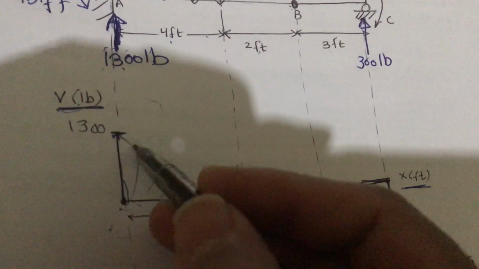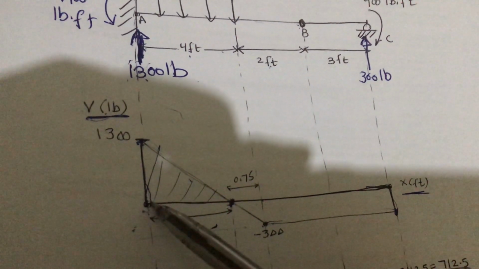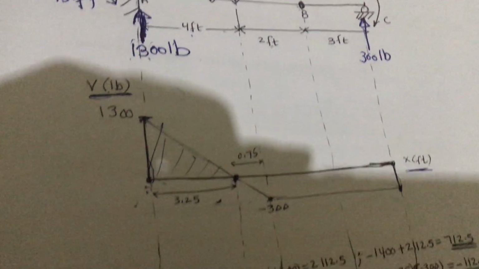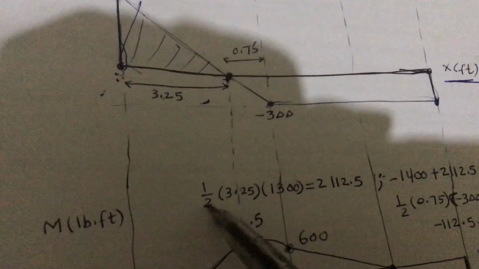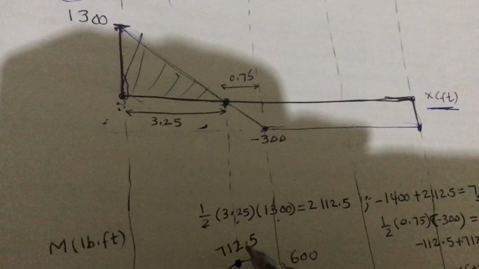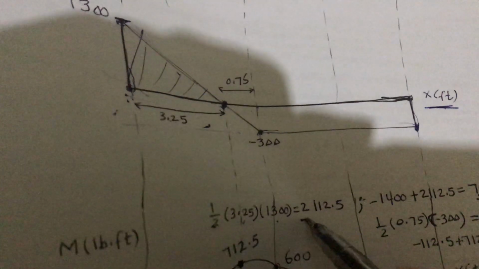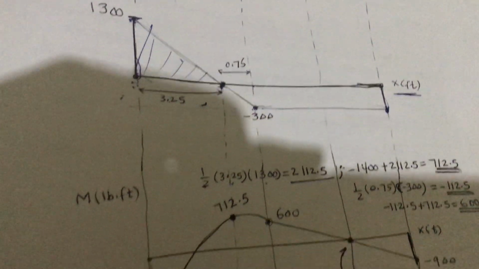So now, what is the area under this curve? The area under this curve is 1/2 1300 times 3.25. So 1/2 3.25 times 1300. It's the same thing, whether you multiply by that or that, it's the same thing. This would give you 2112.5. So what could you do?